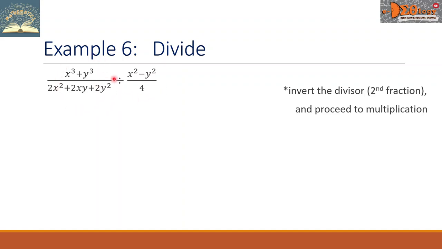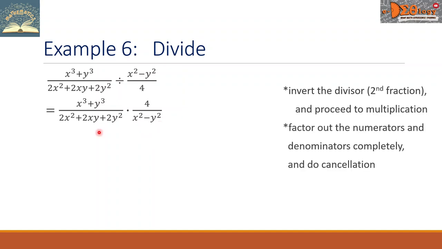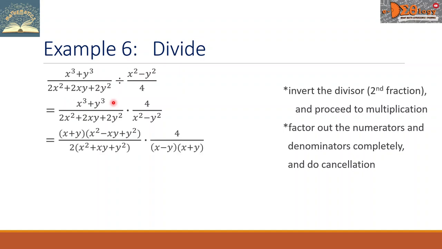First, we copy the first rational expression multiplied by, now we invert this fraction, 4 in the numerator divided by x squared minus y squared. We factor out the numerators and denominators completely, and let's do cancellation later. The factors for x cubed plus y cubed are x plus y times x squared minus xy plus y squared.